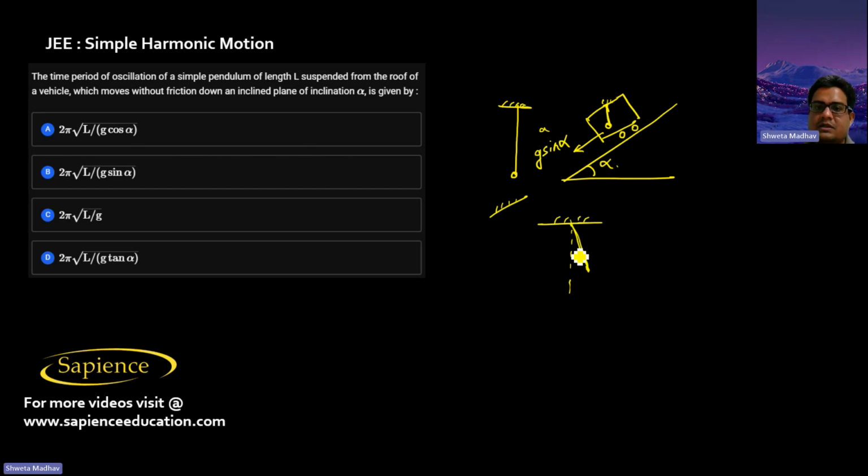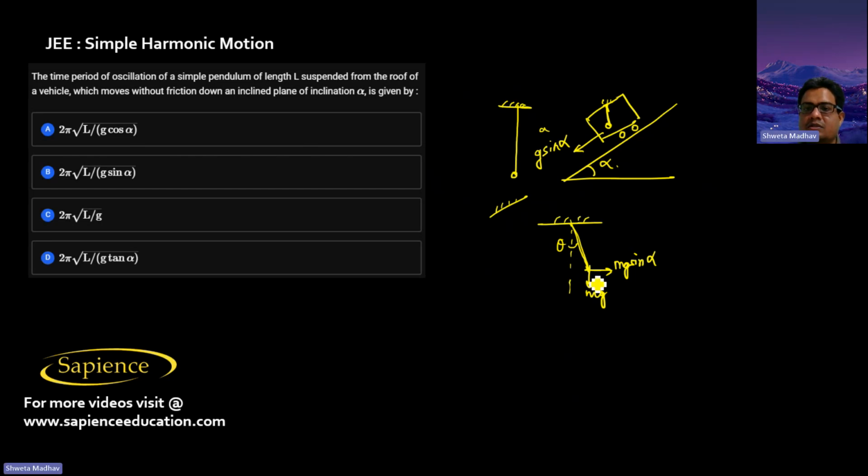Since here m g sine alpha is the pseudo force which is acting, as the vehicle will be an accelerated frame. Here downwards mg is acting.